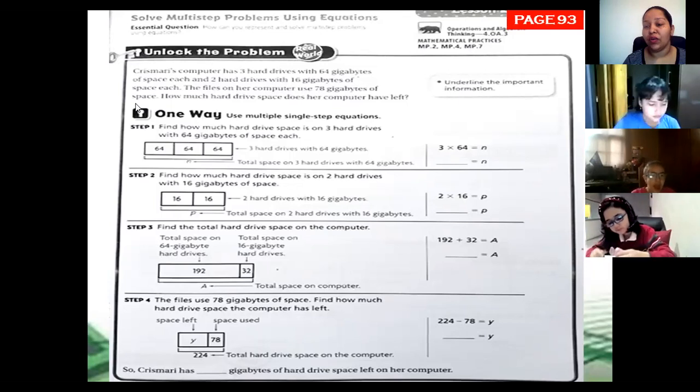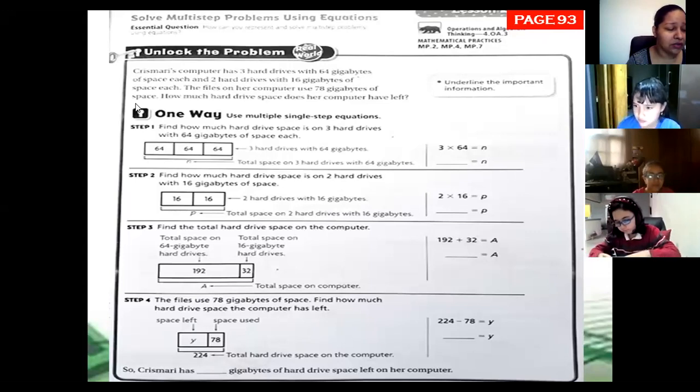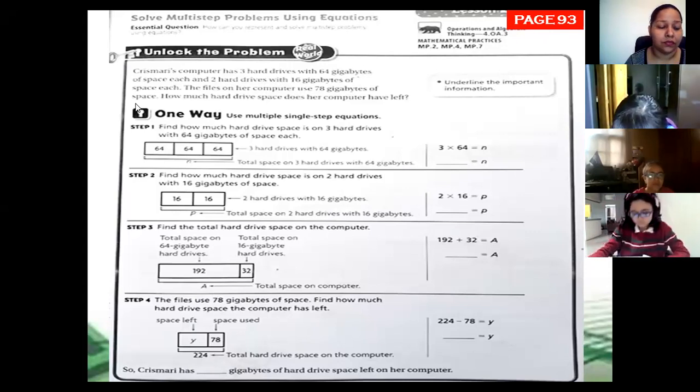So Lin-Mi, can you do me the favor to read the problem? Chris Murray's computer has 3 hard drives with 64 gigabytes of space each and two hard drives with 16 gigabytes of space each.